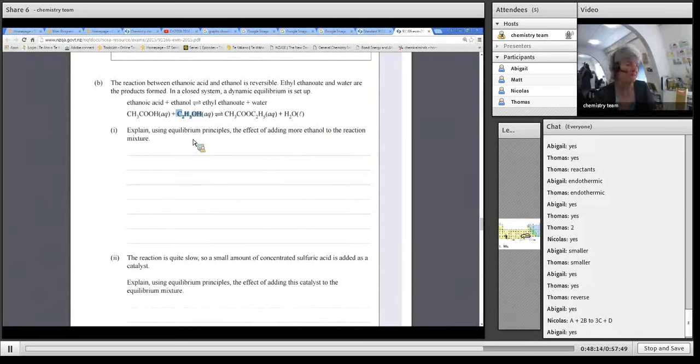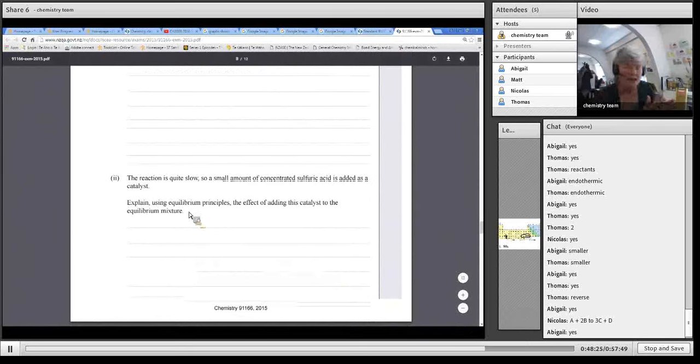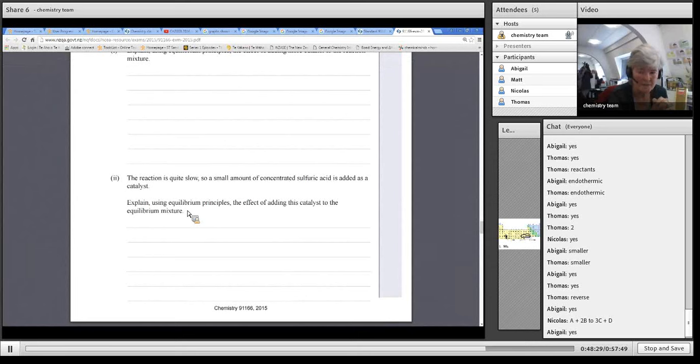Yep, okay. Right. Now they're adding a catalyst, and again it's using equilibrium principles. Catalysts come up with rate. But if I add a catalyst, is it going to change my equilibrium position?